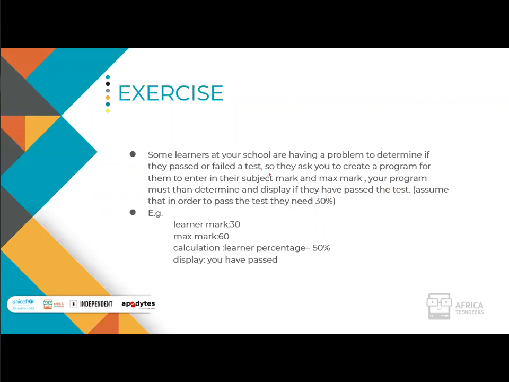So if we look at this question, just breaking it down, if we look at the inputs part of it, a person needs to enter in the subject mark and the maximum mark. Your program must then display if they pass the test.